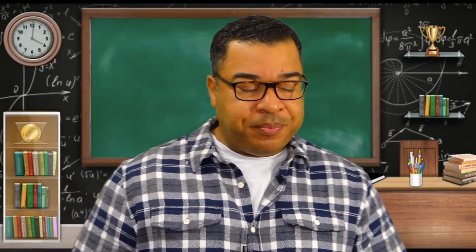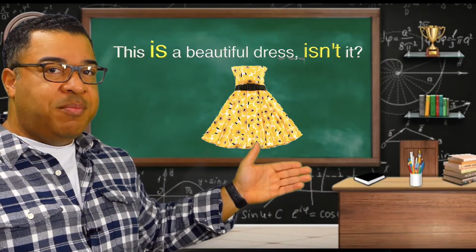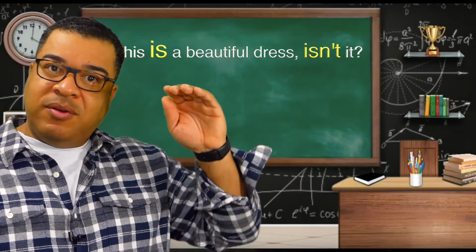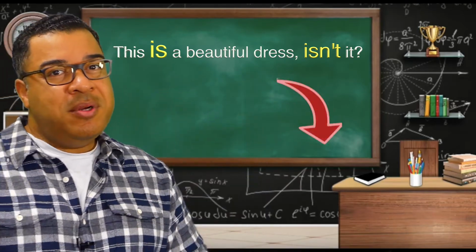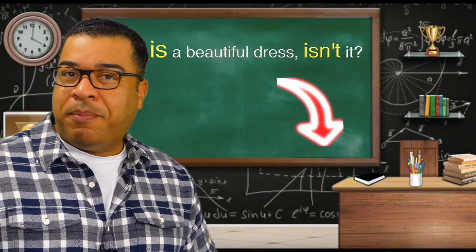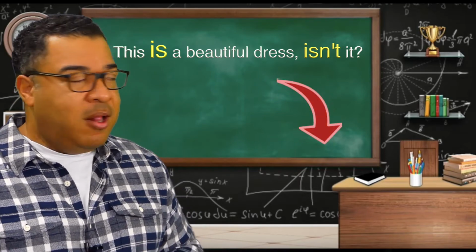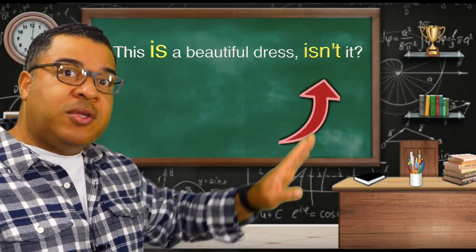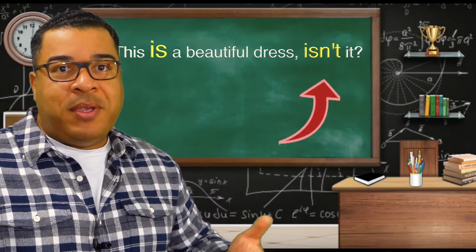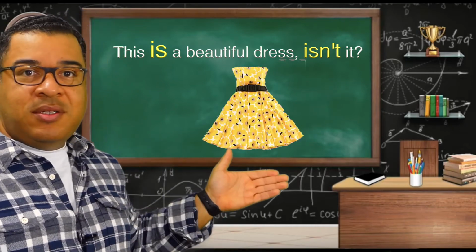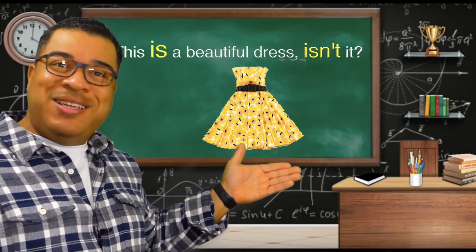For example, this is a beautiful dress, isn't it? So when your intonation goes down, maybe you're surprised, maybe you're not happy, or maybe you really don't think that. But if the intonation goes up, you're happy and you really do think that. For example, this is a beautiful dress, isn't it?